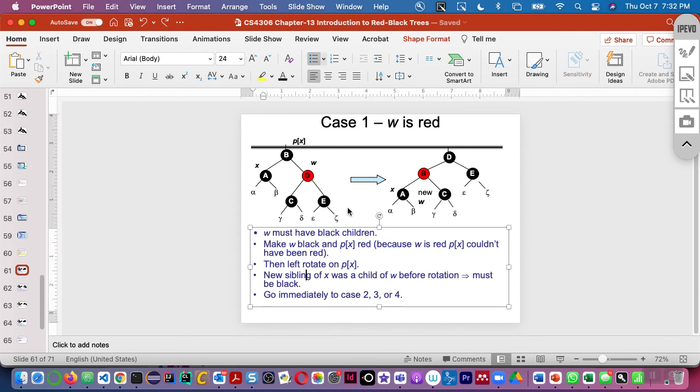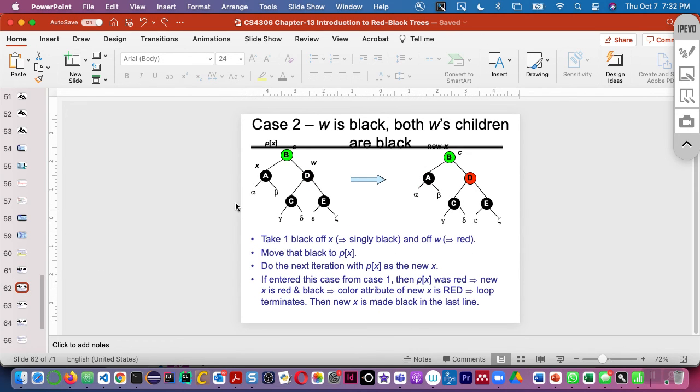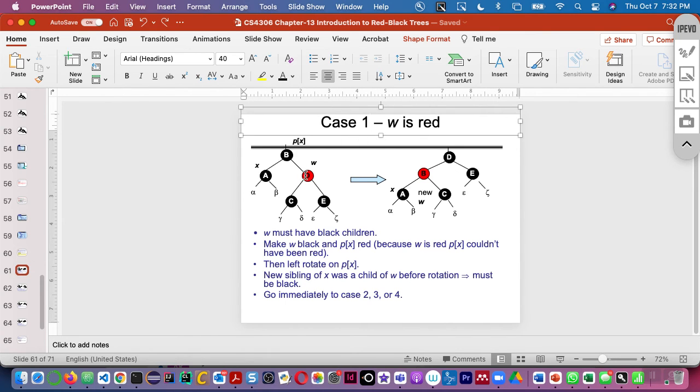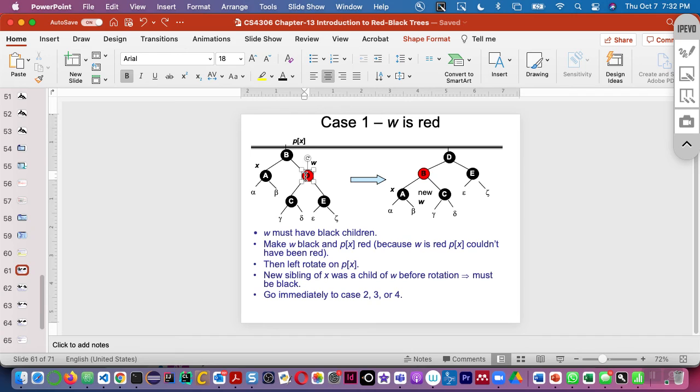Okay. So there are slides, there is the book. Let me tell you the situation. In case 1, if W is red, we want to delete X. Okay, not W, but X has a child. That is, if that is the right child, and if that is red, then this is case 1.